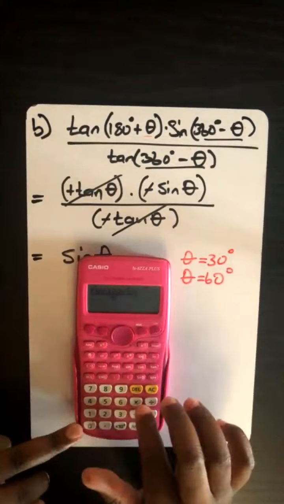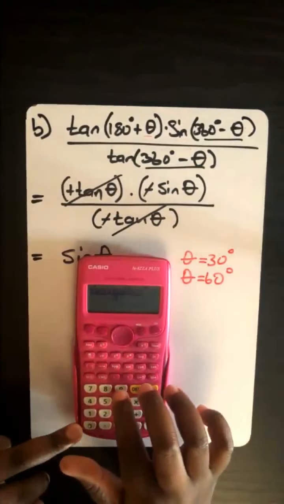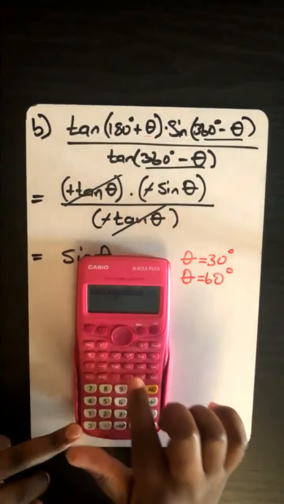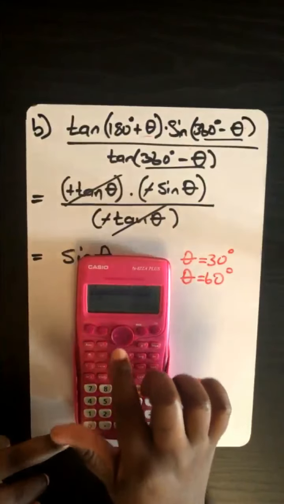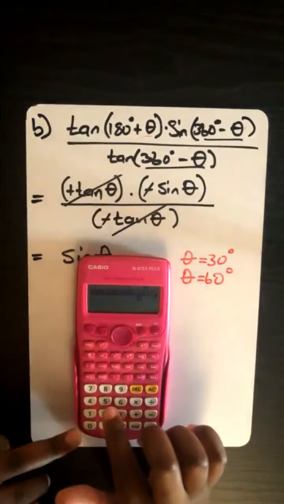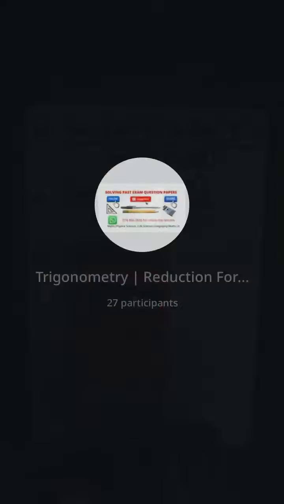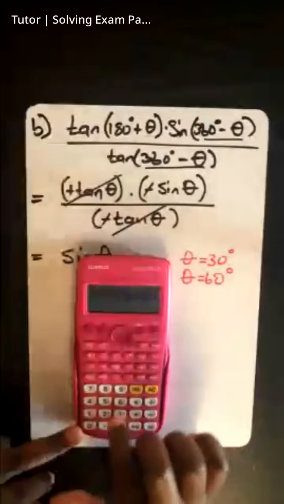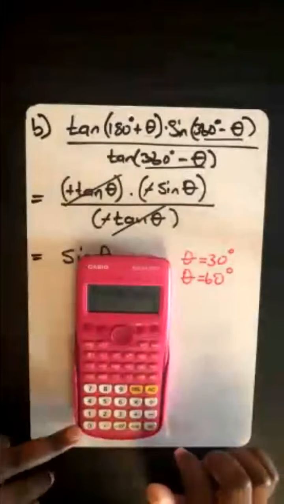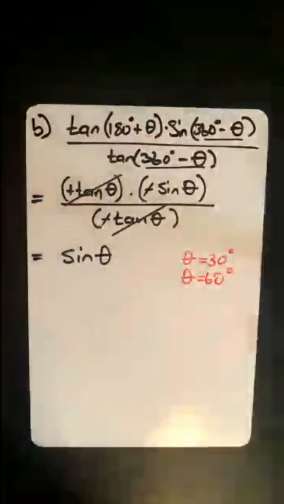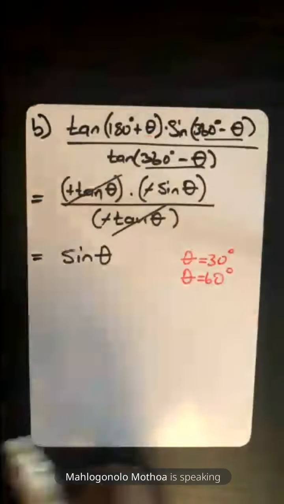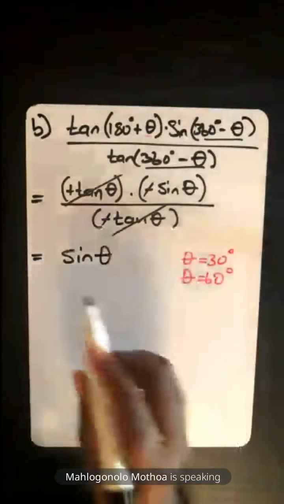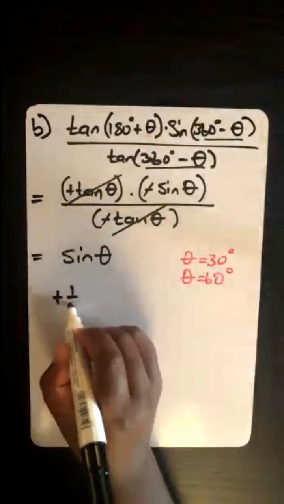Let me use 30 plus 30 multiplied by sine into 360. It's minus 30. Then at the bottom I've got tan. Just make sure that you mention your answer after you got it. What are you guys getting? Positive 1 over 2. So we got positive 1 over 2.